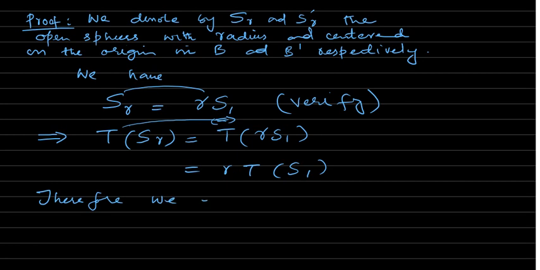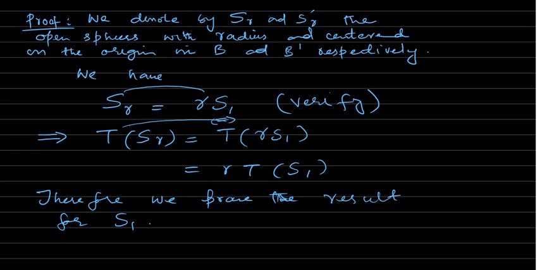Therefore we prove the result for S1, the sphere in B with center origin and radius 1. We will prove that the image of this sphere is contained in some sphere with center origin in the Banach space B prime.